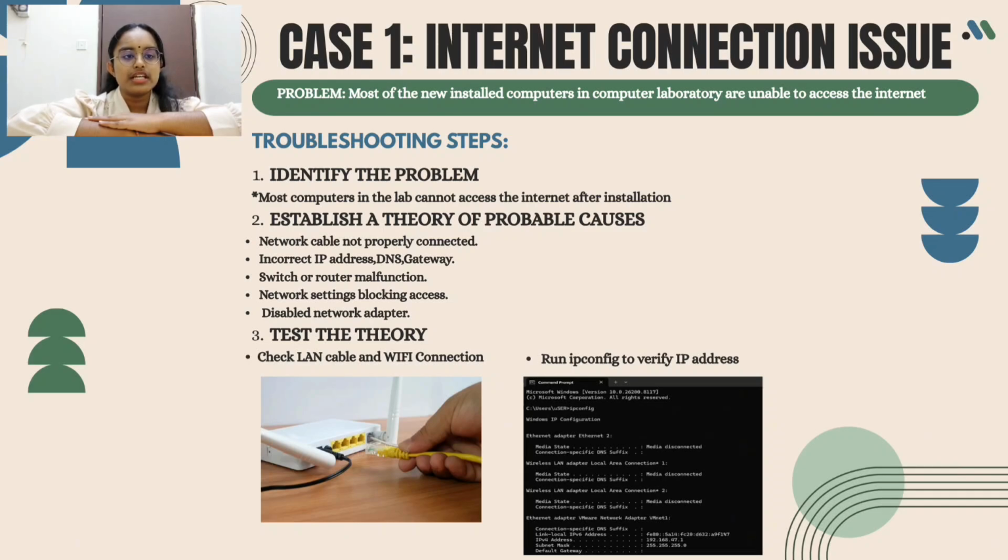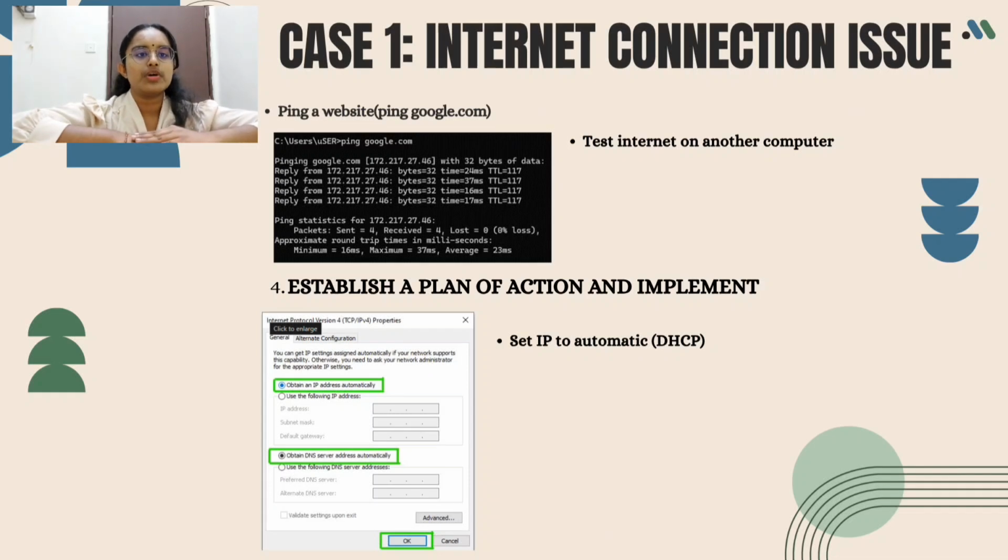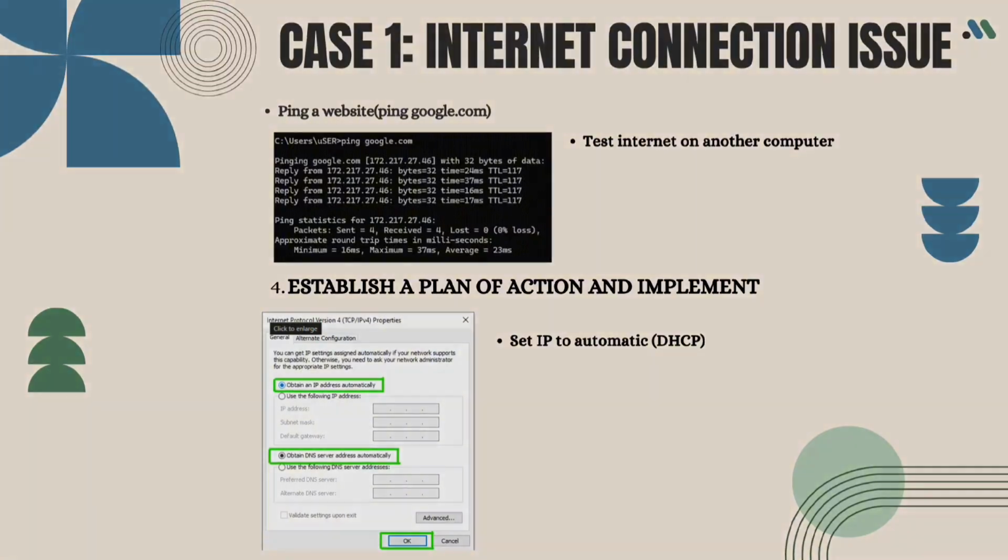In that, check LAN cable and Wi-Fi connection, run ipconfig to verify IP address, ping a website such as google.com, test internet on another computer, and the fourth step is establish a plan of action and implement by setting IP to automatic.